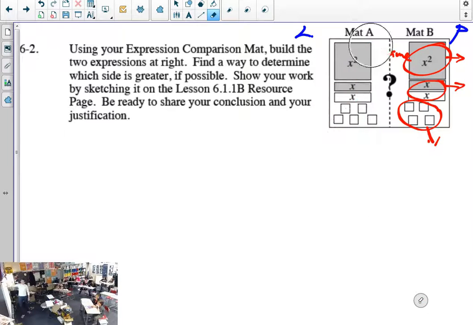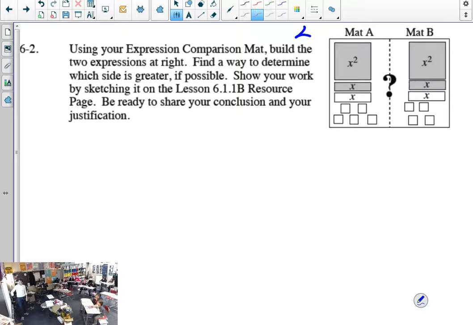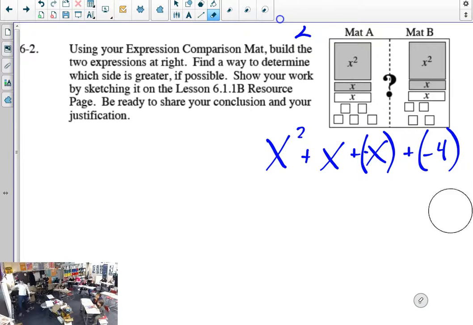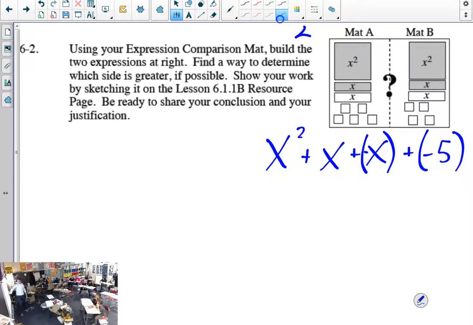If I try to write out what Liam has on the left side there, Liam has x squared. Then he also has an x, but then he also has a -x. Right? So even if I wanted to make this plus a negative, then he has 5 negatives if I'm talking about Liam. This is kind of redundant.